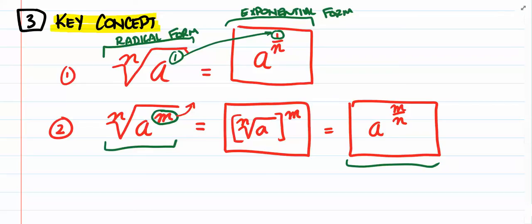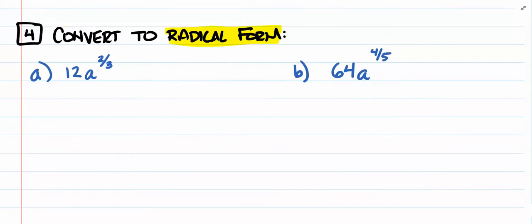Okay, box number 4, we're going to do 2 examples of converting to radical form. Right now, hopefully you see that all of this is in exponential form because there's an exponent in it. So you have to ask yourself, what's the exponent on the 12? The exponent on the 12 is just the number 1, so I don't really do anything to that. So this is going to be 12, and then I have a to the 2/3.